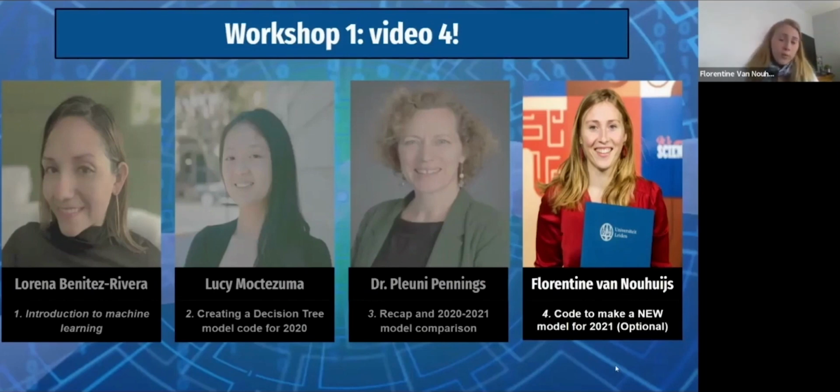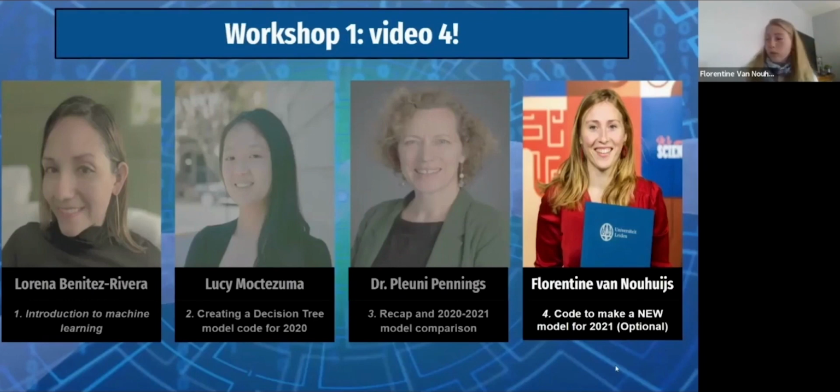Speaking of models, in this video, we are going to create a new model that uses 2021 summer data to predict the amount of COVID cases in 2021, to see whether this is more accurate than the previous predictions we made using the 2020 model. Remember that when we used the 2020 model to predict 2021, it was not quite accurate.